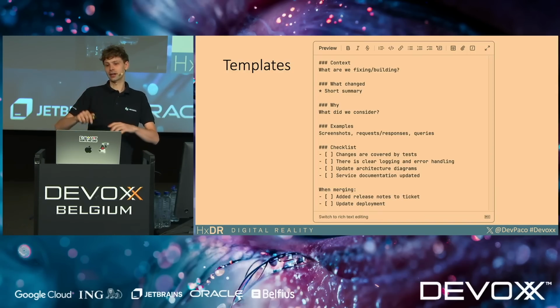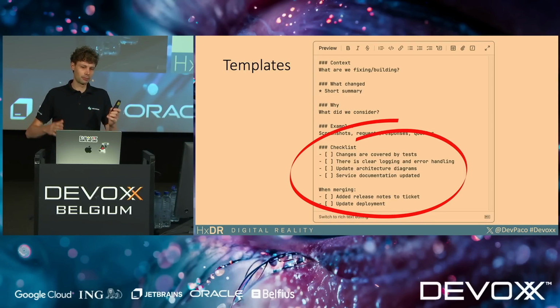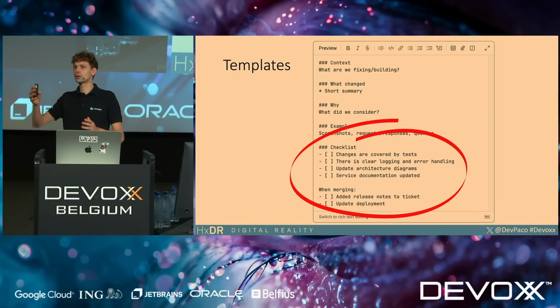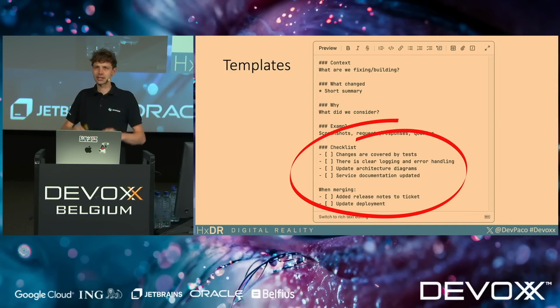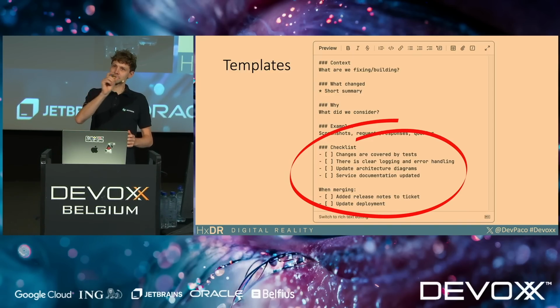And what I particularly like about these templates is the use of checklists. Because not every pull request, for example, needs to have an update to the documentation. So it's always a good reminder that maybe it's 1 out of 10 pull requests that actually does, the other 9 are bug fixes or maybe small changes. But for that one that actually does it, it's a good reminder to have some checkbox.